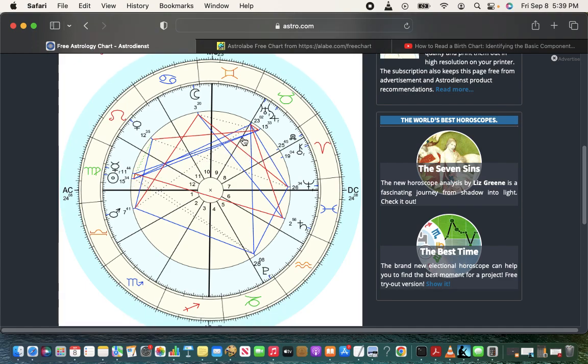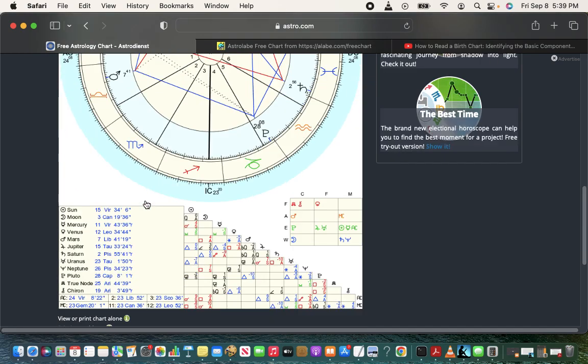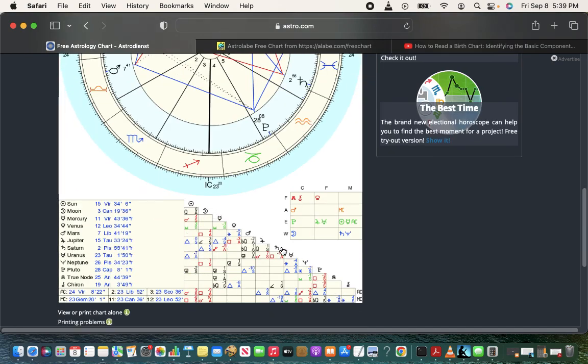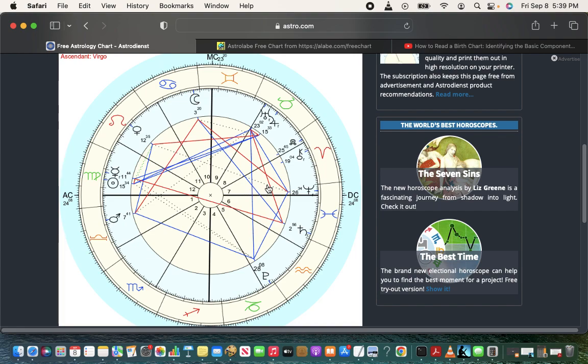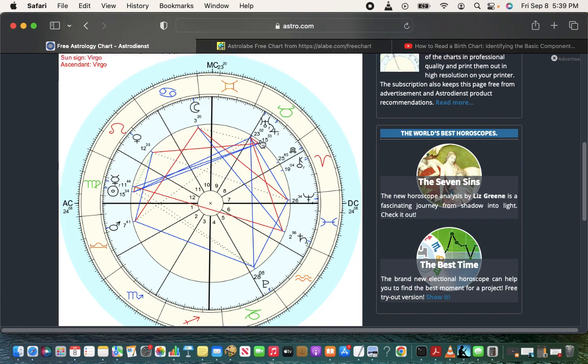Now these lines are what are known as aspects, and they are also displayed here in a chart. But it's easier to look at it here in the main natal chart to explain it. So here we have the Sun in Virgo at 15 degrees in the 12th house, and it's making an exact 120 degree angle, which is known as a trine.